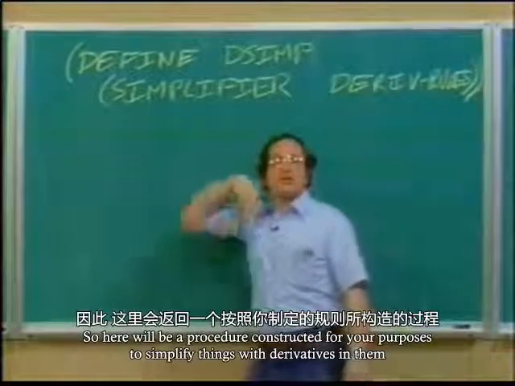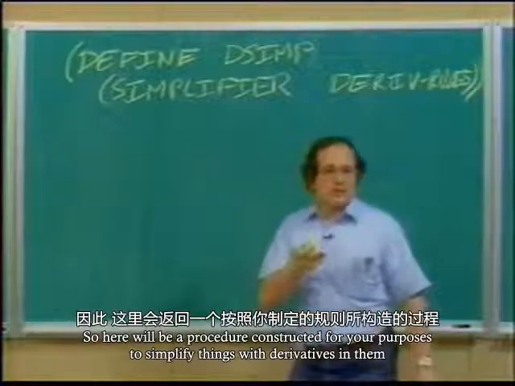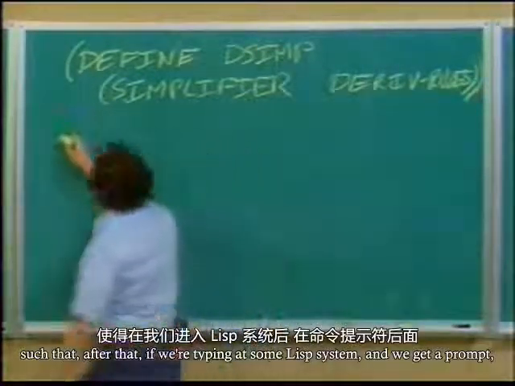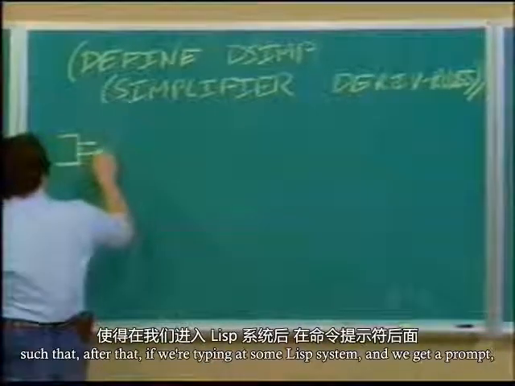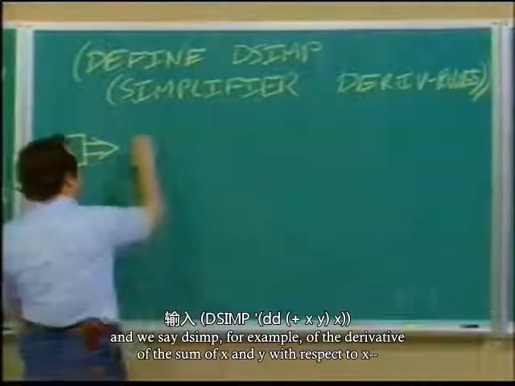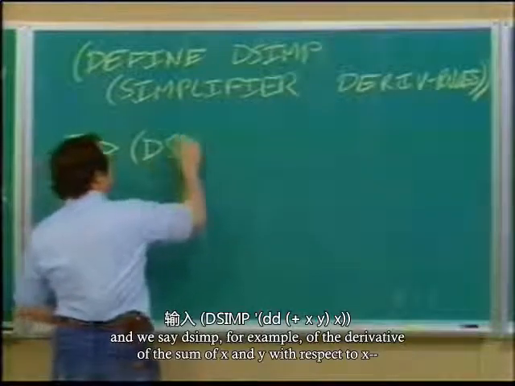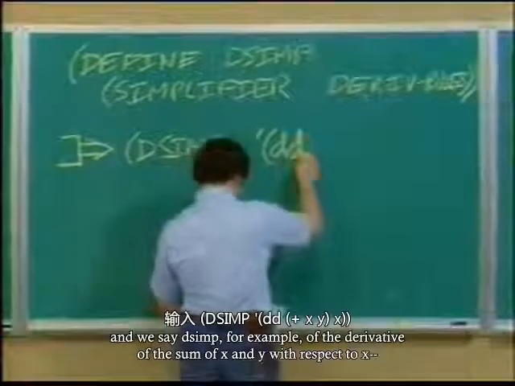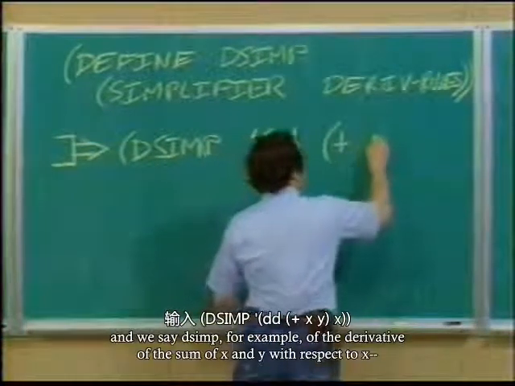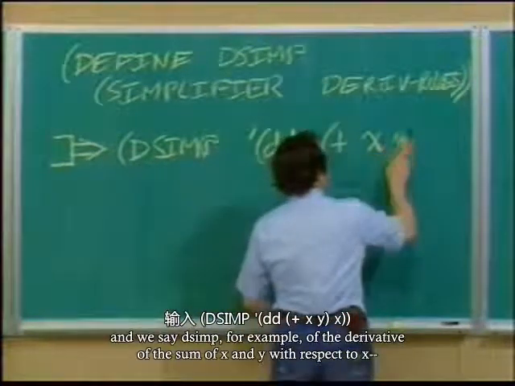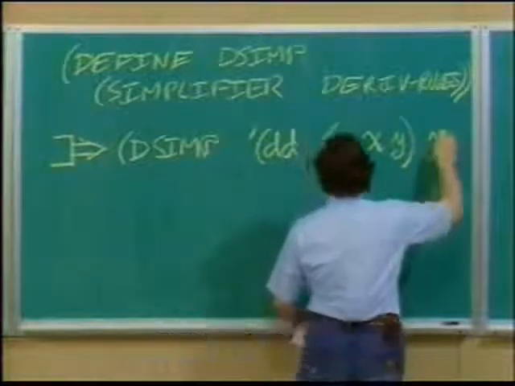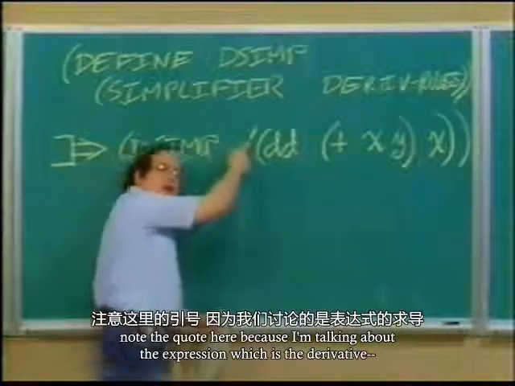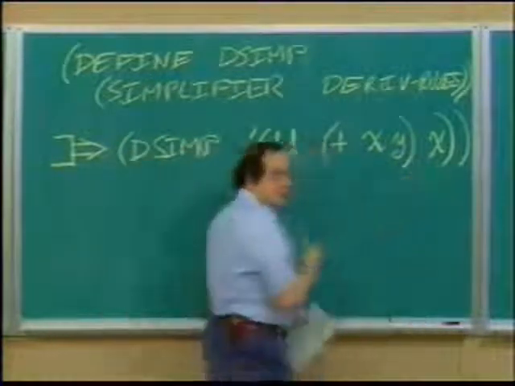So here will be a procedure constructed for your purposes to simplify things with derivatives in them, such that if we're typing at some Lisp system and we get a prompt and we say dsimp, for example, of the derivative of the sum of x and y with respect to x. Note the quote here because I'm talking about the expression which is the derivative.